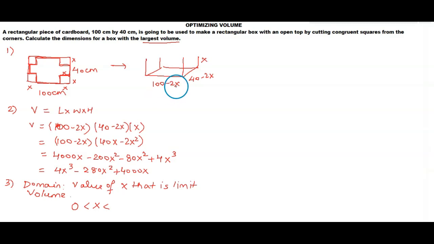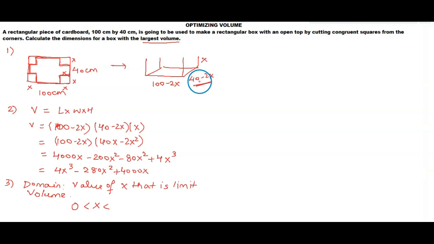It's something that can be subtracted from 100. From 100 you can subtract a lot of numbers, but from 40 you cannot subtract all those numbers. So this is something that we're going to use to find our maximum value of x.